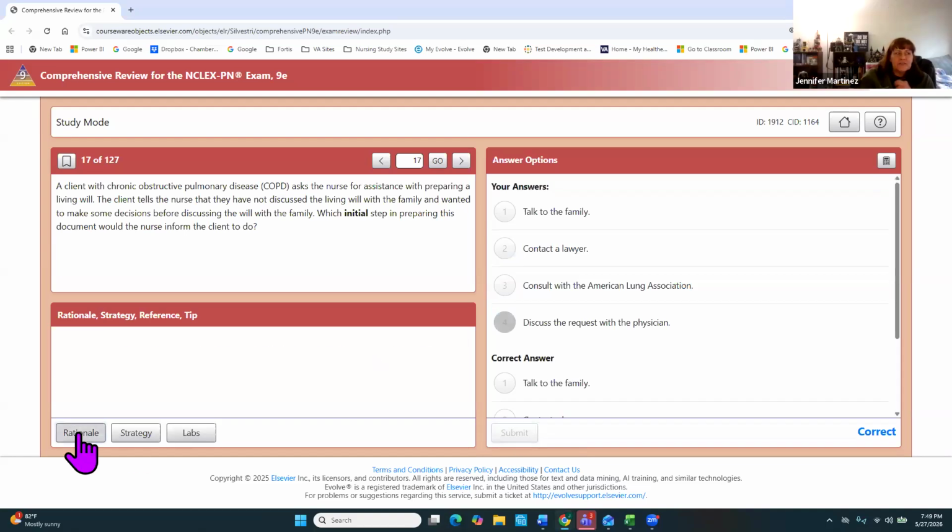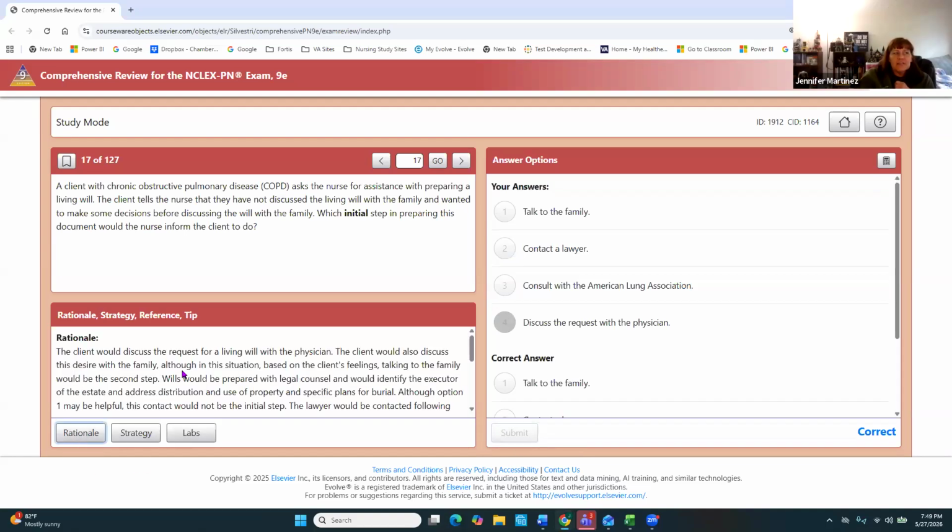Yep, talk to the doctor. So the client would discuss the request for a living will with the physician. The client would also discuss the desire with the family, although in this situation, based on the client's feeling, talking to the family would be the second step. A will should be prepared with legal counsel and would identify an executor of the estate and address distribution and use of property and specific plans for burial.